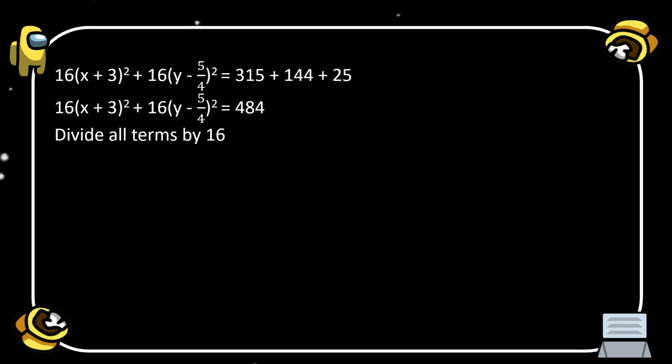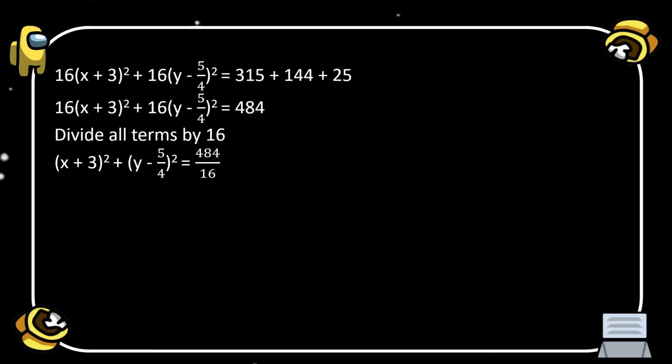Okay, so after that, we are going to divide all terms by 16. 16 times the quantity of x plus 3 squared, divided by 16, the result is only the quantity of x plus 3 squared, plus 16 times the quantity of y minus 5 over 4 squared, divided by 16, the result is the quantity y minus 5 over 4 squared, is equal to 484 divided by 16.